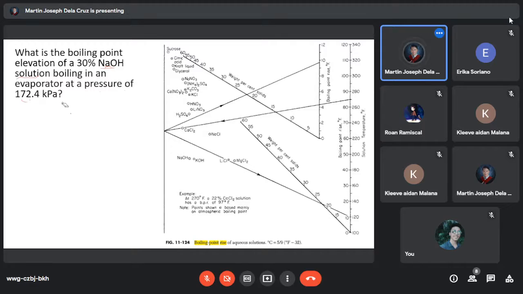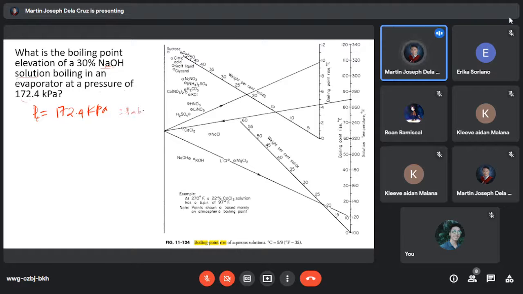So, to get your temperature class, anong gagawin natin? We will going to use your thermodynamic properties of water. But in here class, since wala namang nakalagay na gauge, vacuum, or gauge, so automatically, this is a P abs class.